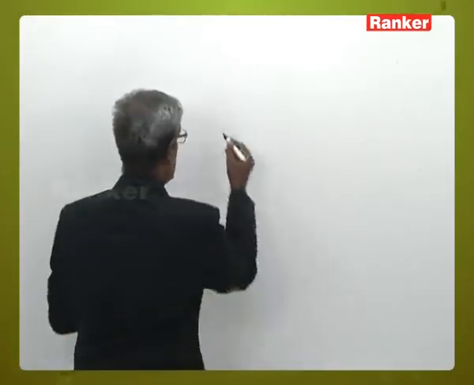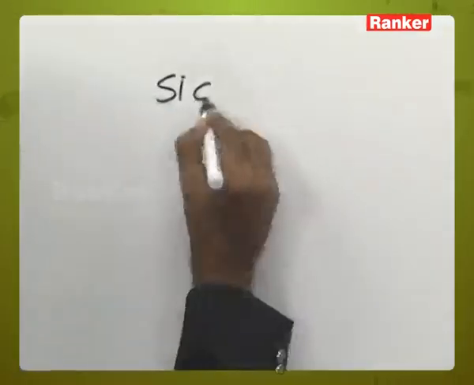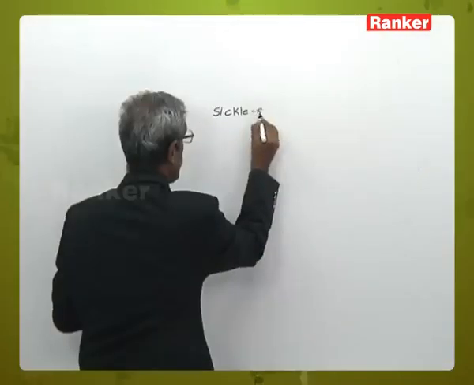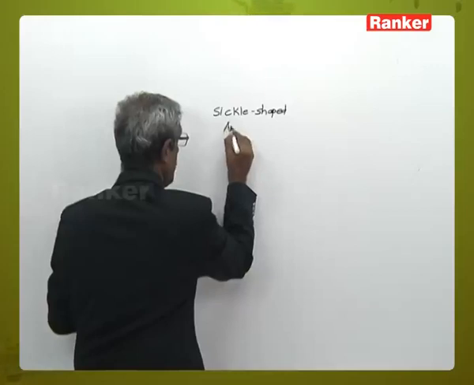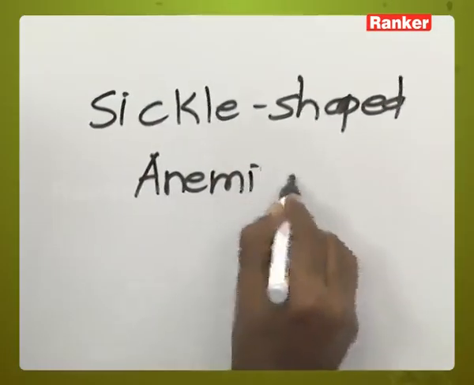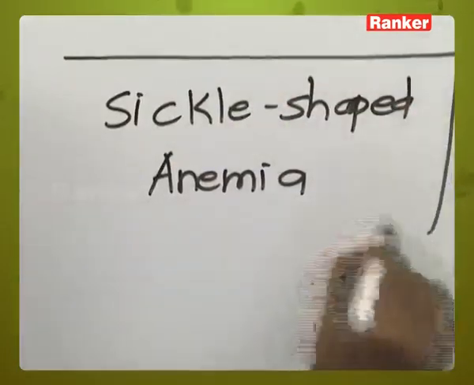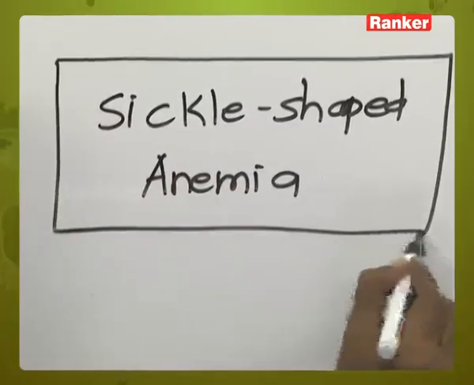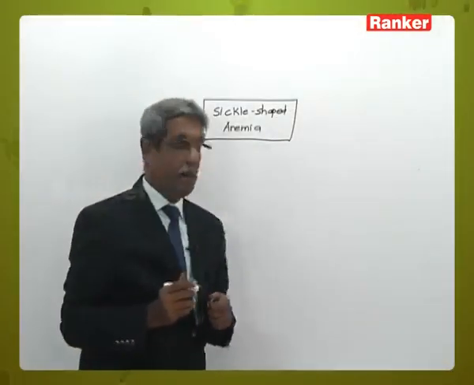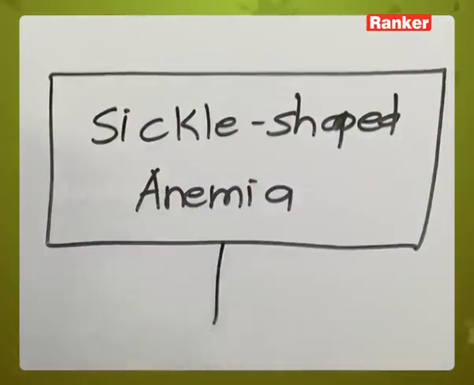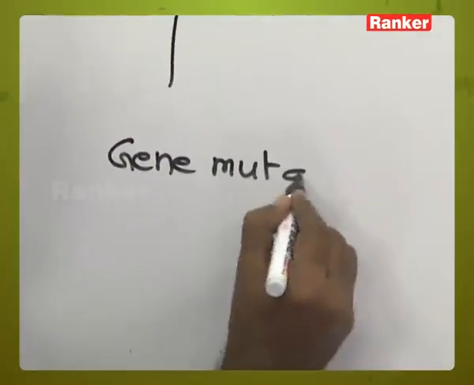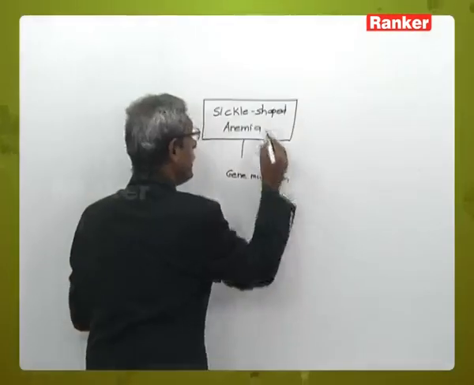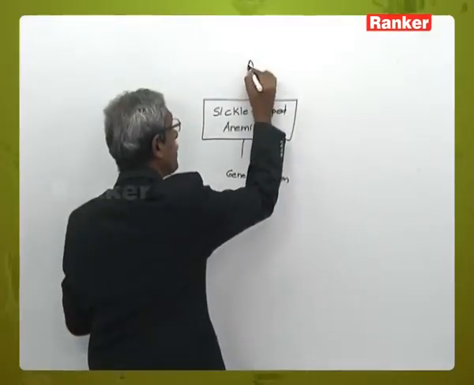We are going into another study, which is termed sickle-shaped anemia. Sickle-shaped anemia is due to a gene mutation in the autosomes.